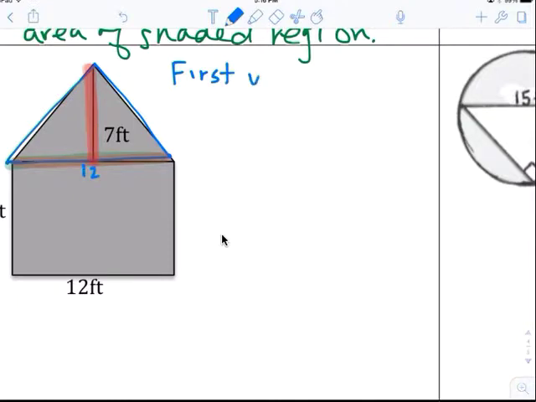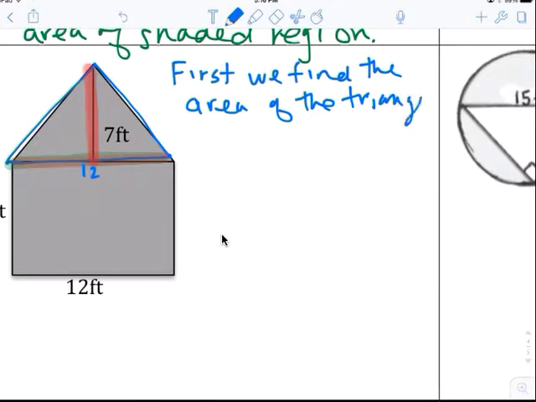First, we find the area of the triangle, length times width divided by 2, or base times height divided by 2 also.